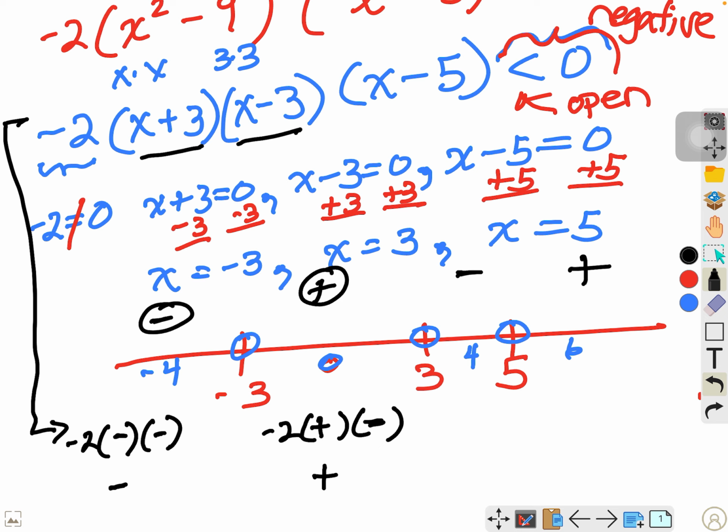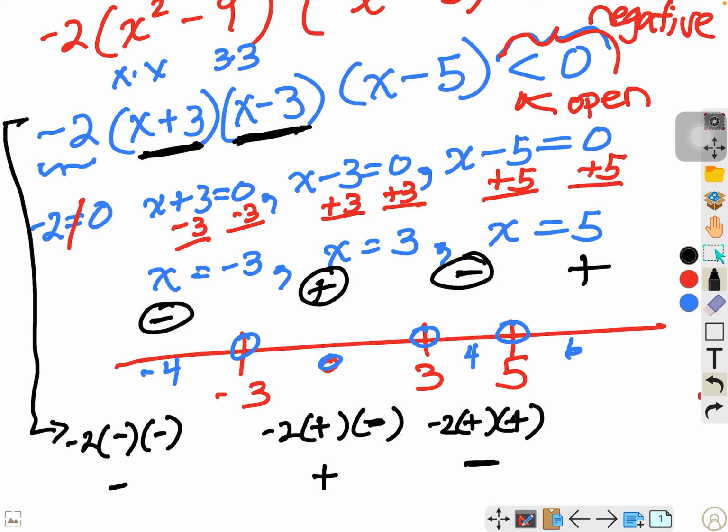The third region, 4 plus 3 is positive 7. So that's a positive outcome. 4 take away 3 is positive 1. That's a positive outcome. So we're going to get a negative result here. And finally, we're testing 6. And I'm forgetting a region.